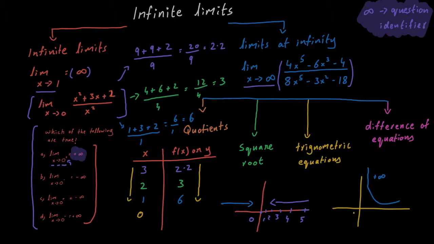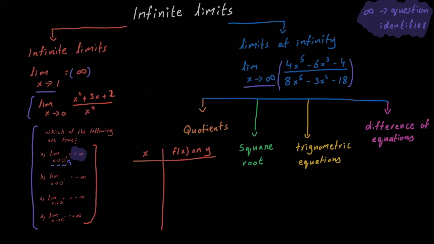The same way we will solve other parts as well. Let's try solving another part. Part B, limit as x approaches 0 from the negative side. Is it reaching negative infinity or not? So from the negative side, we'll try substituting some of the values. Let's imagine that we substitute negative 3, then negative 2, then negative 1 as x is approaching 0 from the negative side, and the values come out to be negative 5, negative 8, negative 10.